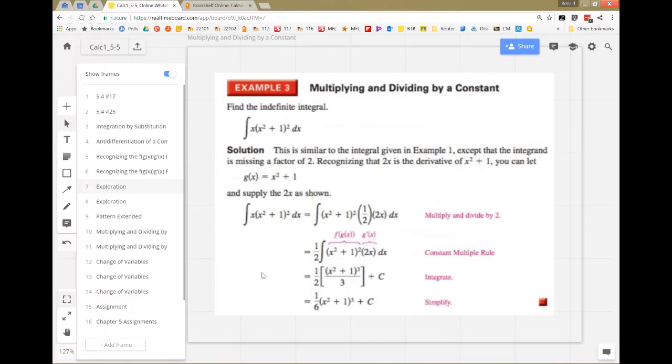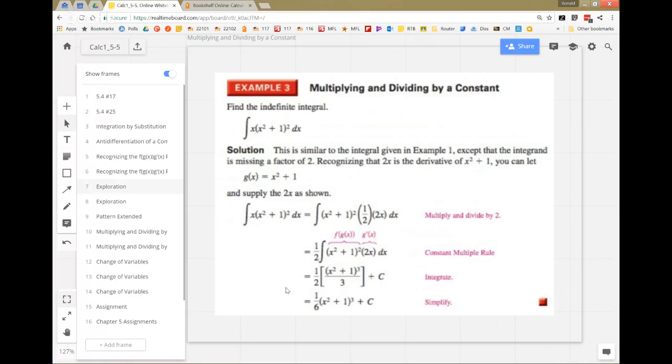If we use the chain rule on that, what would we be multiplying by? 2x, right? That's almost correct, but we've got an x out there. So what are we missing? Yes, we're missing a 2. When you put a 2 in there, you can equalize things by multiplying by 1/2, right?